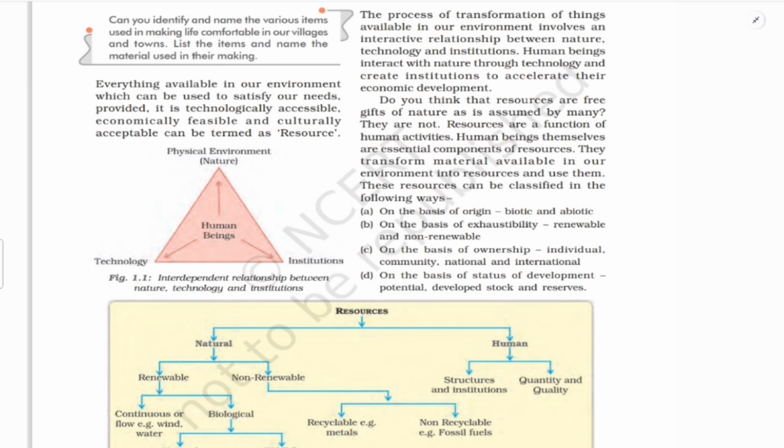Although resources can be classified into two parts, the natural resource and the human resource.